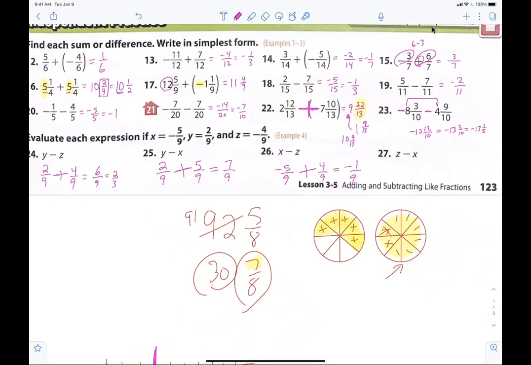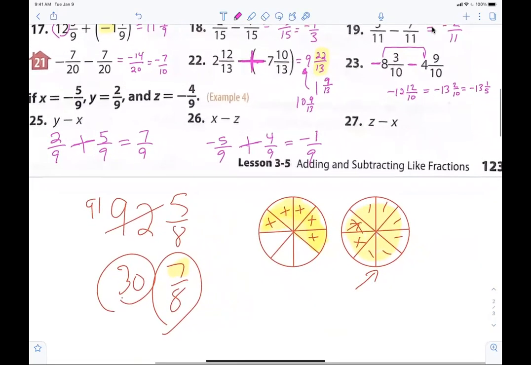Okay, which brings me to who? Lila, go. So it's negative 9 over 9. Well, I know, but you gotta tell me what Z is. Oh, negative 4 over 9. And then x is negative 5 over 9. So it's negative 4/9 what?